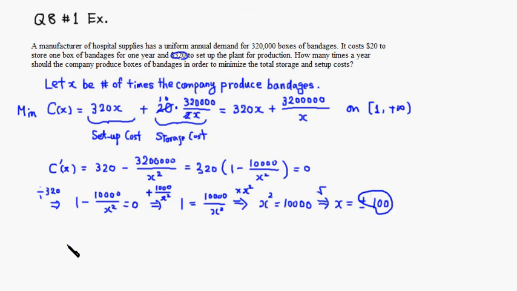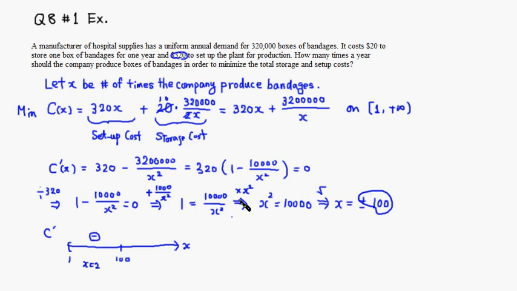So let's do a number line. Here's the x. It starts from 1, and the critical number is 100. Let's look at the sign of C prime. We can try something like 2: 1 minus 10,000 over 2 squared is going to be negative, because it's 1 minus a big number.